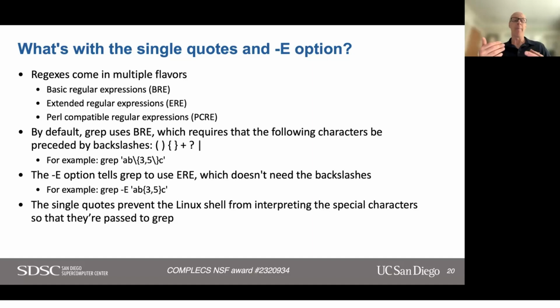So in this case, grep -E, and then in single quotes, AB, curly brace 3, 5, C. The single quotes prevent the Linux shell from interpreting the special characters, so that they're passed to grep. If you've used grep in the past to do very simple searches, looking for fixed strings, you probably didn't use the -E and you probably didn't use the single quotes, but they just allow us to write much cleaner regular expressions.